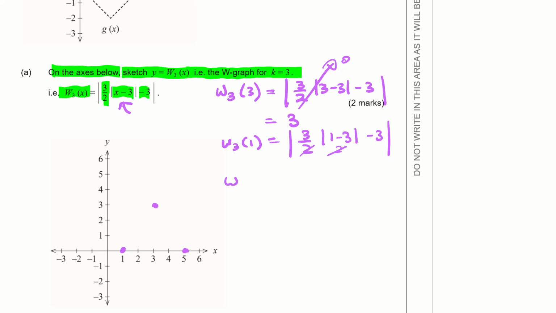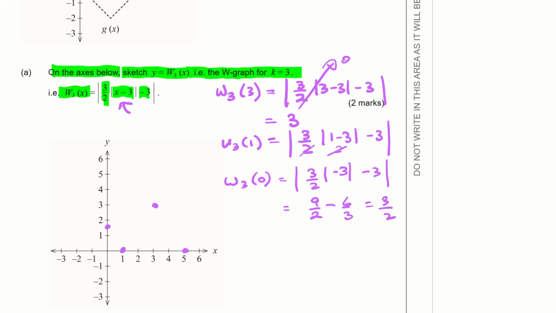What about w_3(0) to get the y-intercept? Well, that's going to be 3 over 2 mod negative 3 take away 3. So that is going to be 9 over 2 take away 6 over 2, which is 3 over 2.